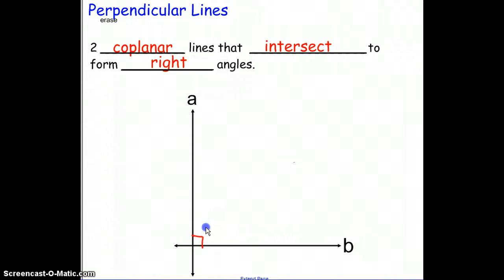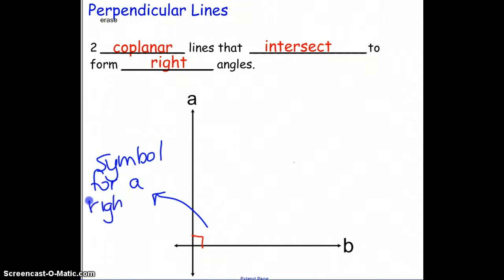Notice this is our right angle symbol. And in order to write that lines are perpendicular, we're going to use what looks like an upside down T. Again, it looks like we're showing perpendicular lines.